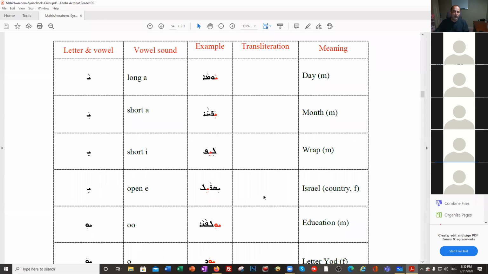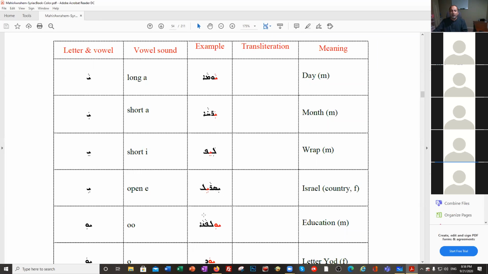Those 2 start with the Hwasa. Sorry, Hwasa, my bad. So it starts with the E. This is a vowel again, not a letter. This one, Yod with a single dot underneath it, is a vowel. So here is an exception to some rules that we're going to study in chapter 3.